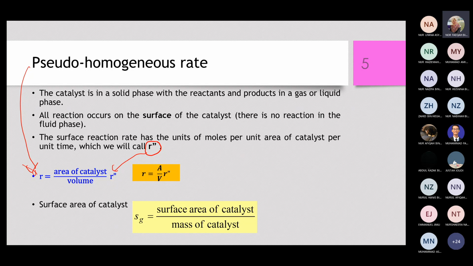Okay. And then surface area of catalyst, sebab kat sini area of catalyst, okay, we can calculate it based on the shape of catalyst.